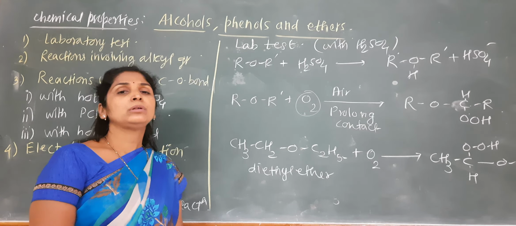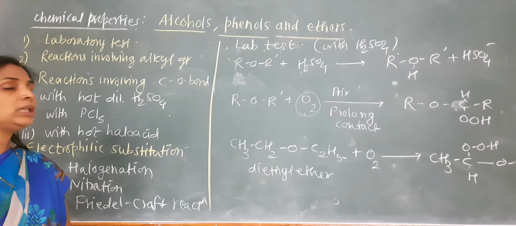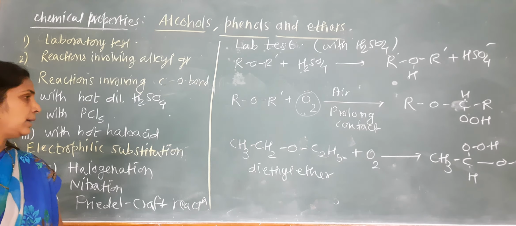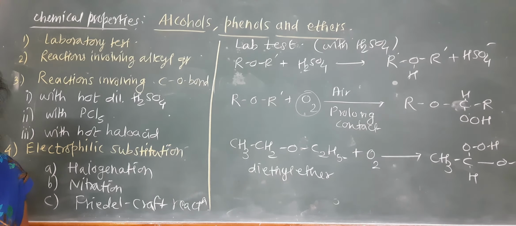So this was about the second reaction, the conversion of the ethers into their peroxide. Now we have to see the remaining reactions, those involving the breaking of the carbon-oxygen bond, and the electrophilic reactions. We will see those reactions later on. Till then, thank you.